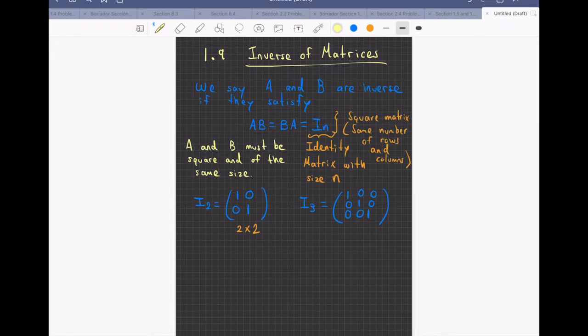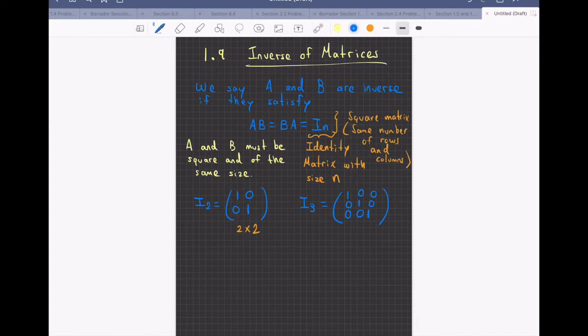So the concept of inverse only applies to this kind of matrices, square and when they have the same size. Square, remember, means they have the same number of rows and number of columns. So when the multiplication of two square matrices of the same size, AB, you have A times B equal to B times A equal to the identity, then we say that A and B are inverse.